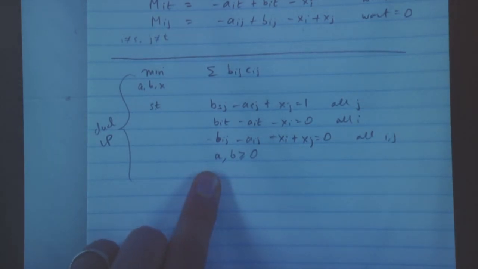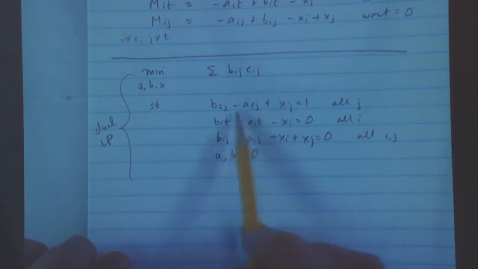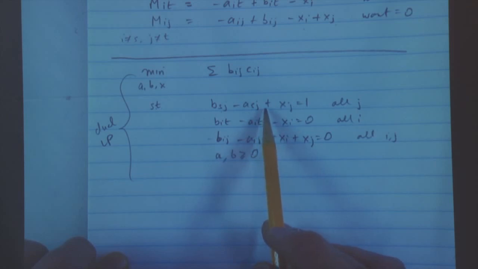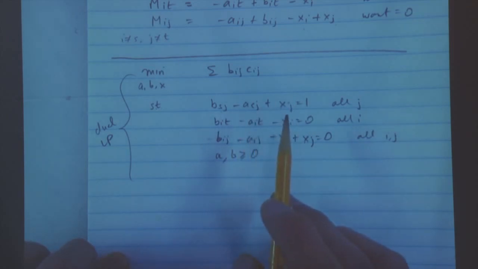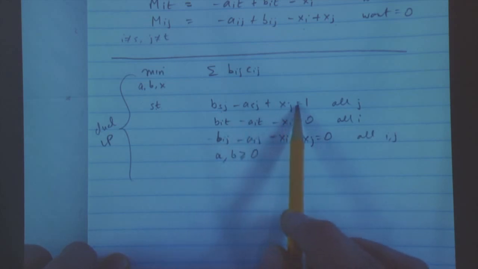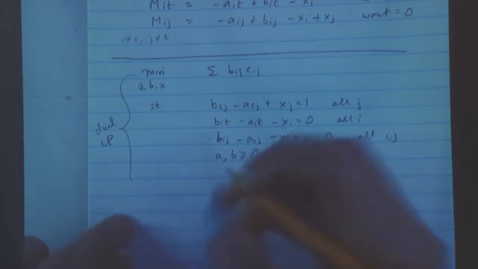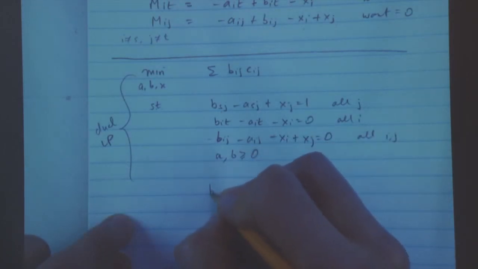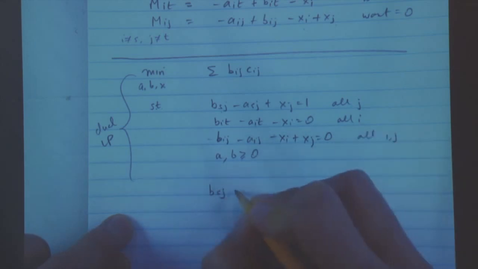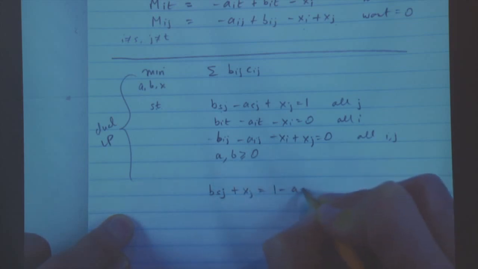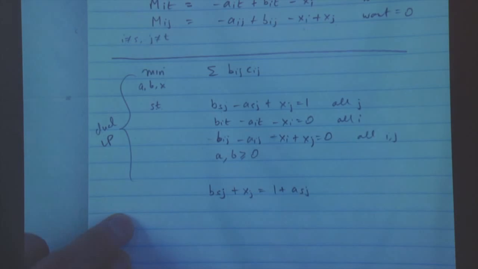We're almost at something interpretable, but I want to get rid of the variable a, because you can see it kind of serves as a slack variable. So we don't need it. In particular, I can always rewrite this constraint like this: bsj plus xj is equal to 1 minus asj, or 1 plus asj.